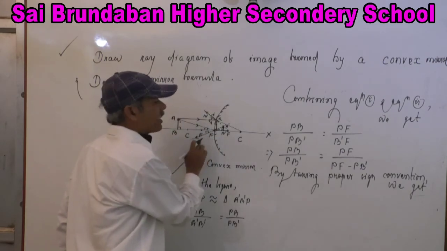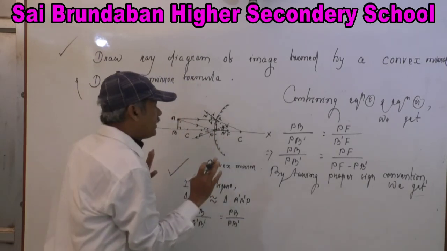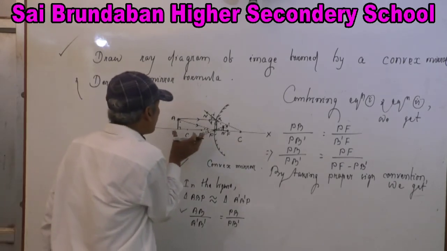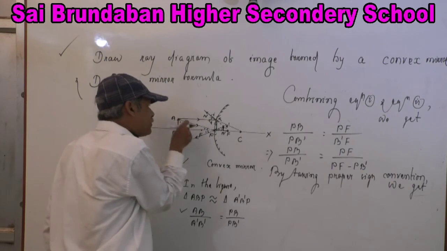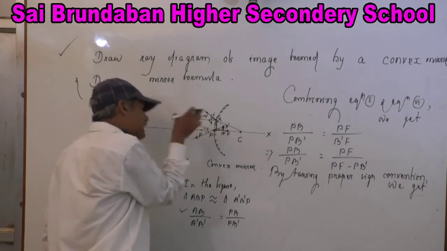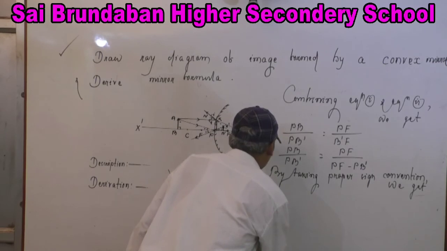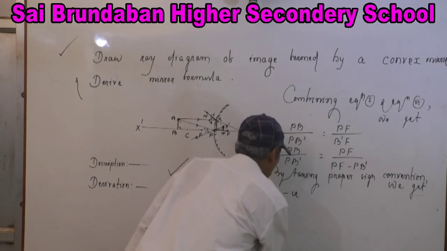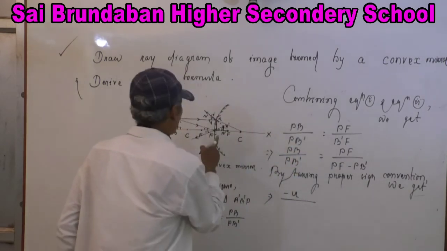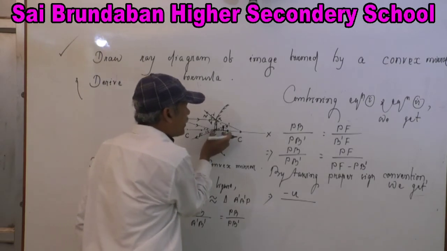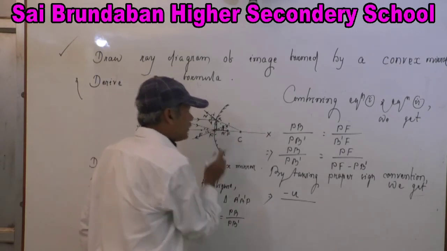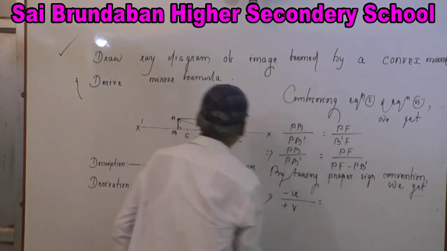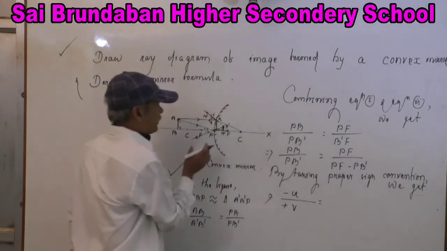The pole is considered to be the origin. This is positive x. This is the negative side of x. Now, u is measured on the negative side of x. That's why PB is minus u, whole divided by PB dash. It is measured in positive x, so it is plus v, is equal to PF.